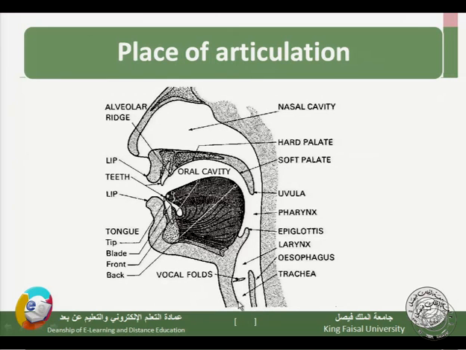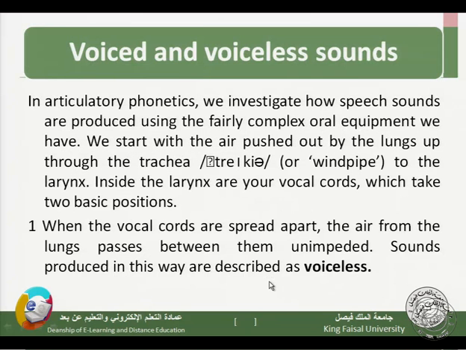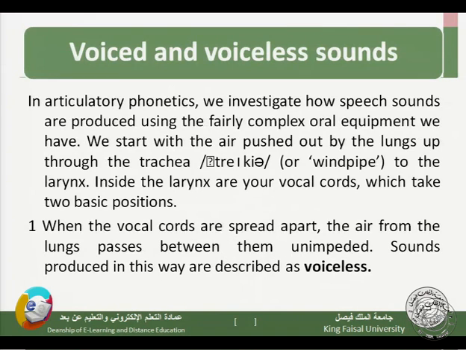So this one is for the air that comes out from the lungs, and we call it the trachea or the windpipe. Then to the larynx. Going back to that picture, just above the trachea, or the windpipe, we have the larynx. What exists behind what appears here, the Adam's apple, is the part which is called the larynx.